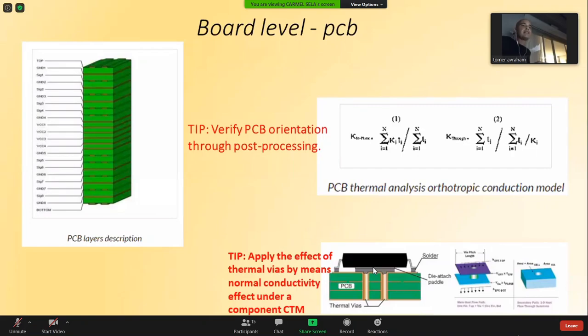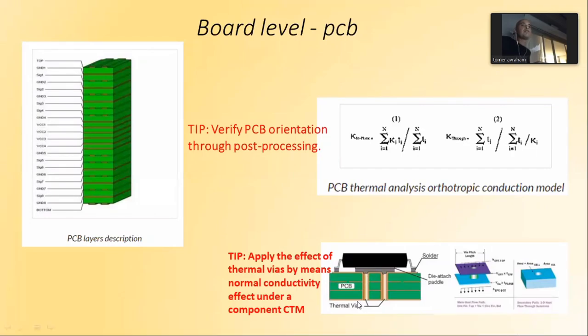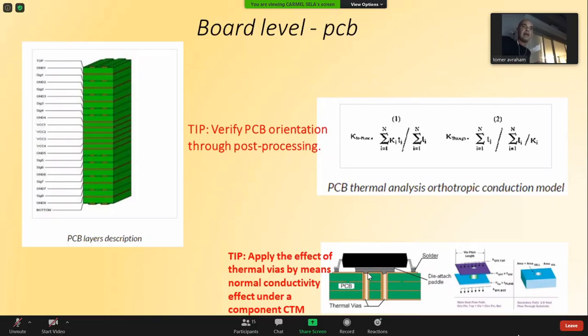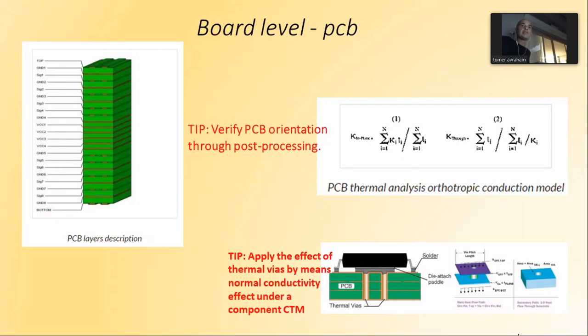What it does is improve the normal-to-plane conductance; the in-plane conductance stays the same. It's like a pipe of copper, sometimes even filled with copper, and it improves the normal-to-plane conductance by a lot, if it's done right.